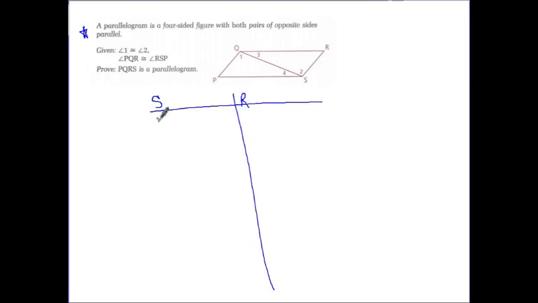We're given that angle 1 is congruent to angle 2, and angle PQR is congruent to angle RSP. Those are going to be our givens. 1 is congruent to 2, and this bigger angle, angle PQR, is congruent to angle RSP.